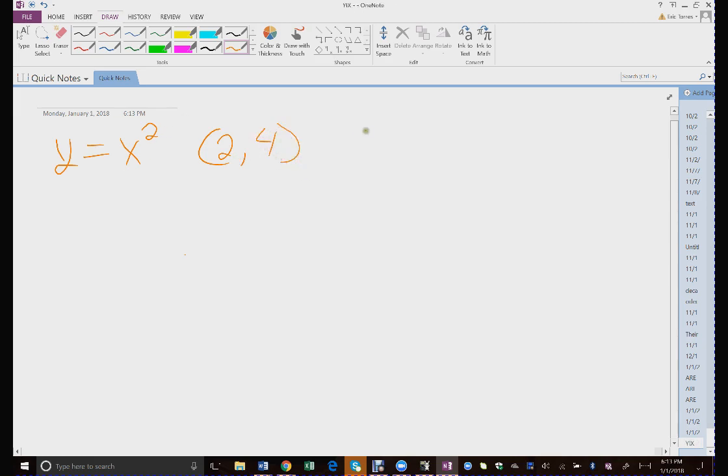So I want to estimate the instantaneous rate of change, which is the slope of my tangent line when you're at that point. So this is what we're trying to find out. A secant line is when we connect 2 points.